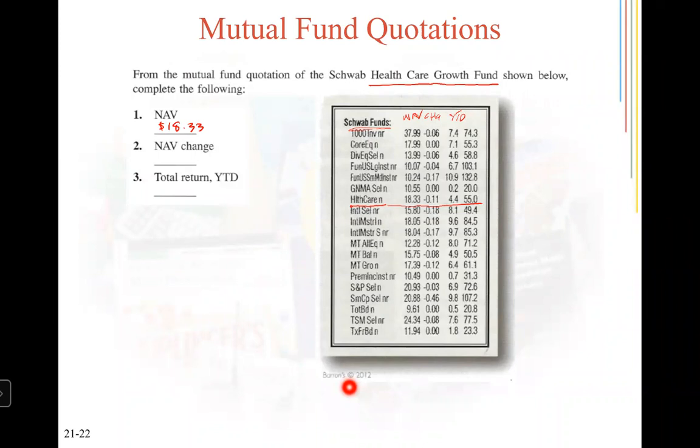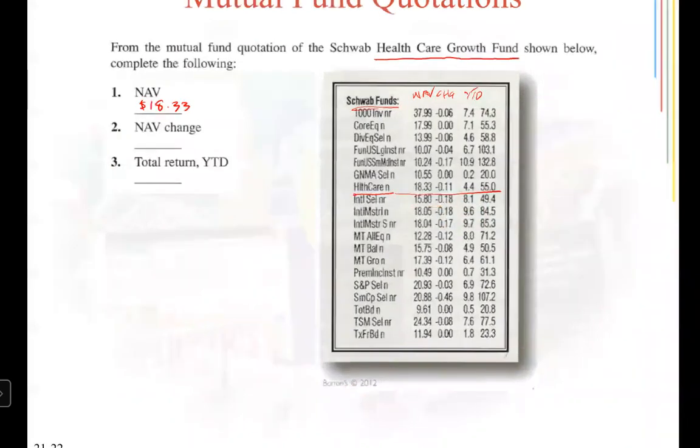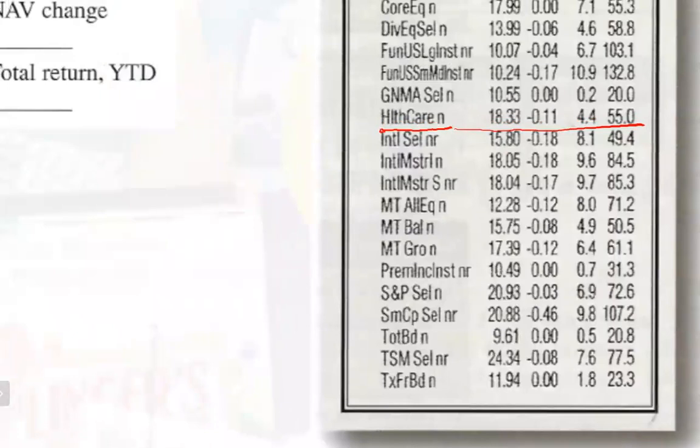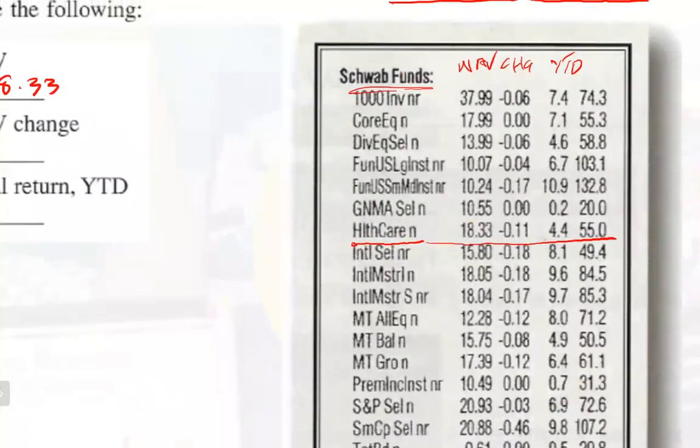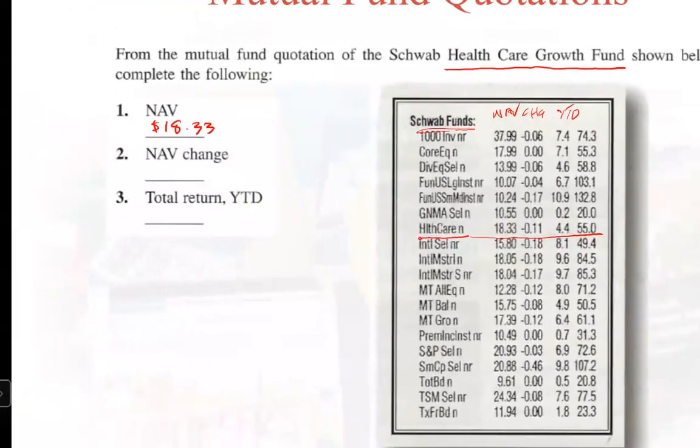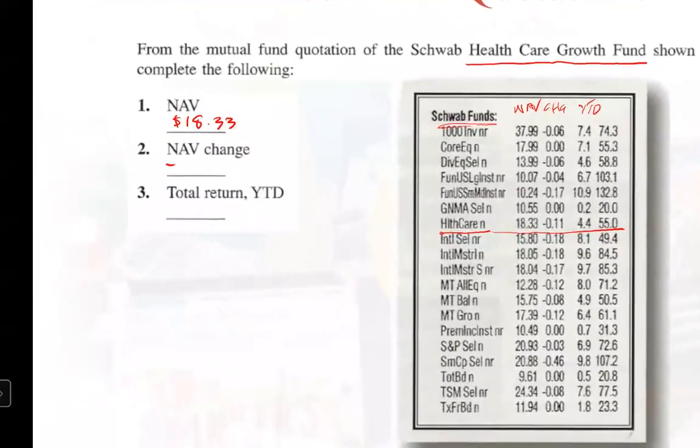Is it in our box? Because it's kind of small. Okay, so it'll be negative 0.11. So that's minus 11 cents. That means that the value went down 11 cents compared to the previous day.